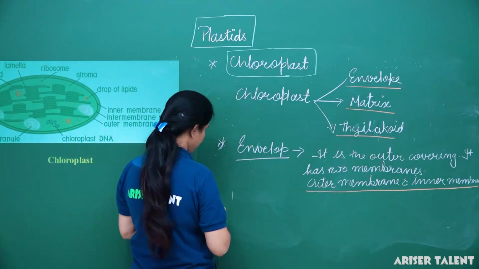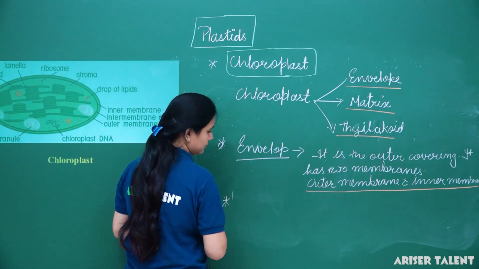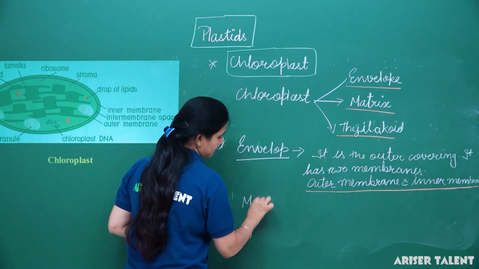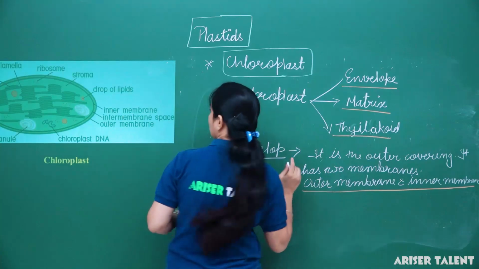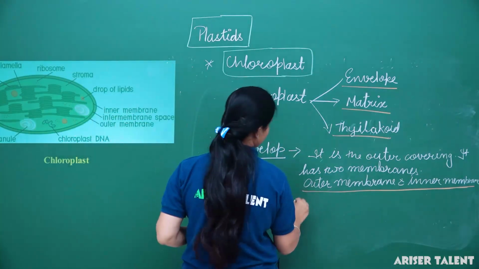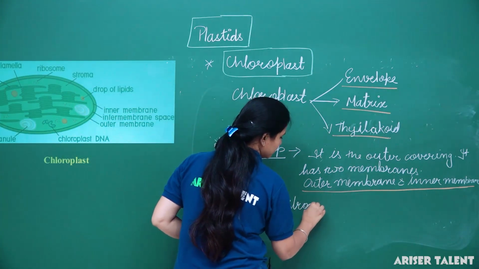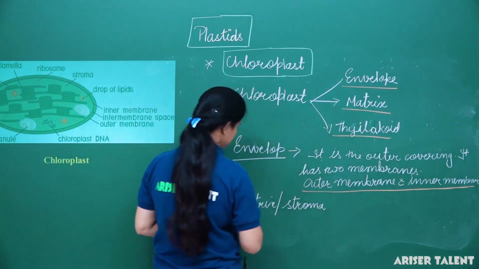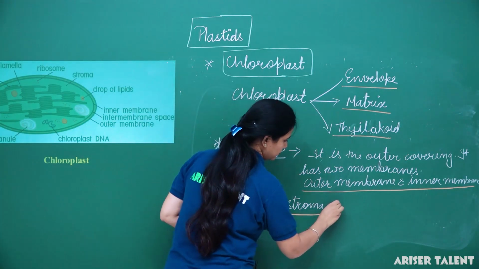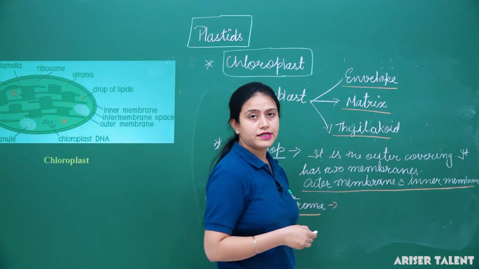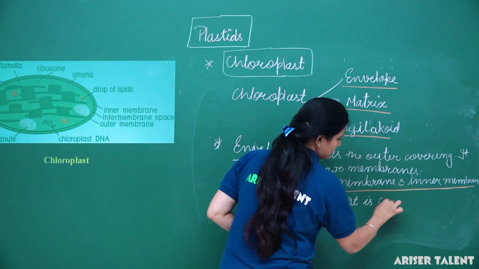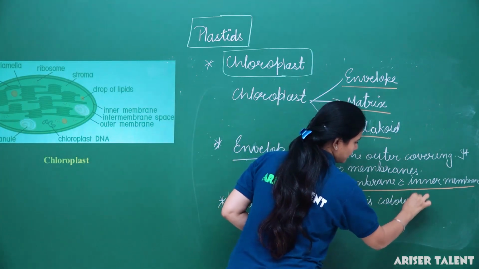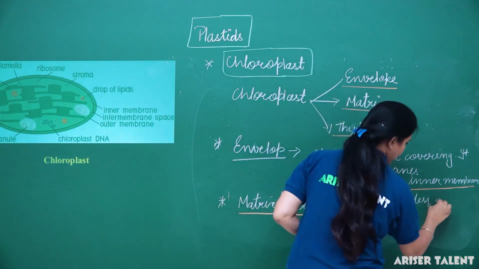Next, we will talk about matrix. It is also known as stroma. Here you can see the stroma part. Generally, it is colorless and granular.